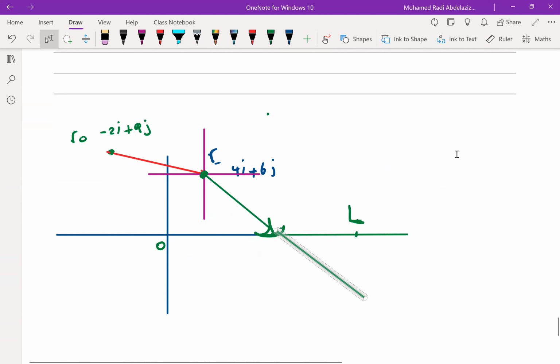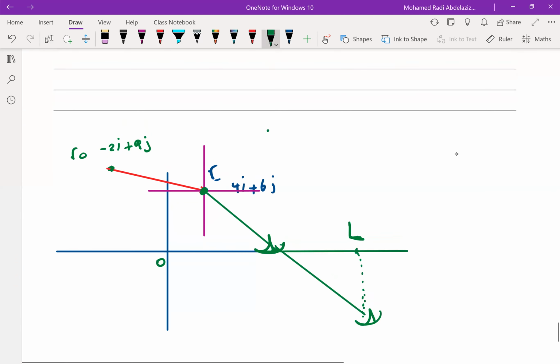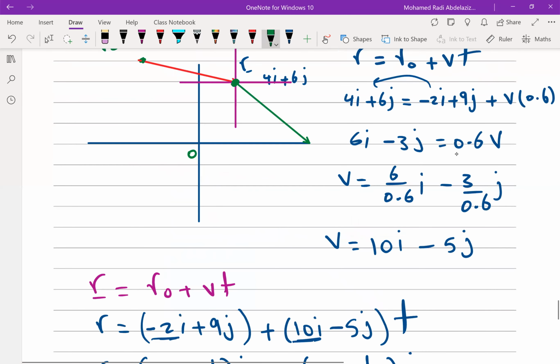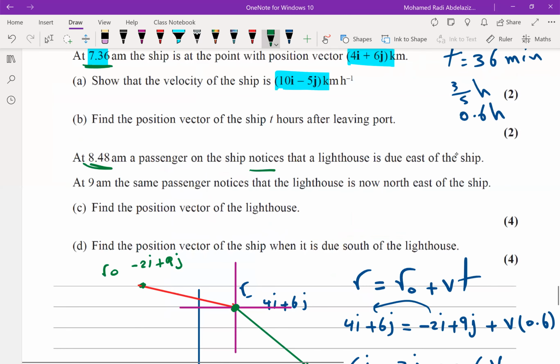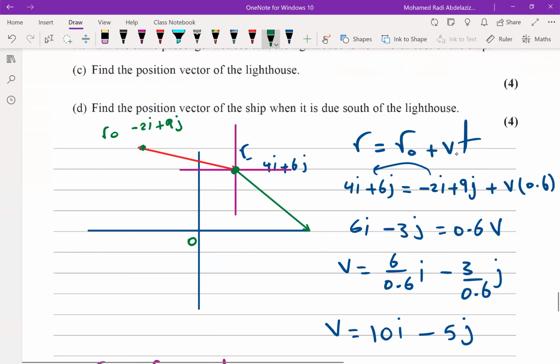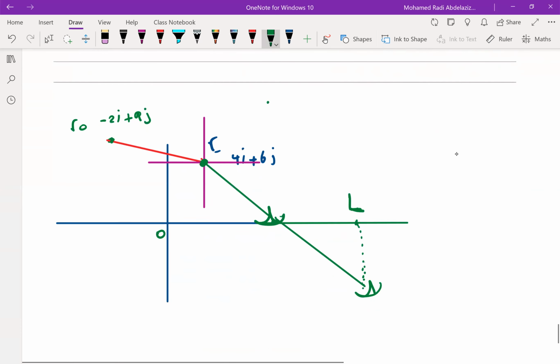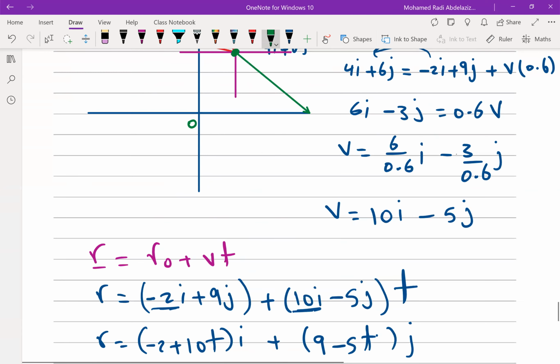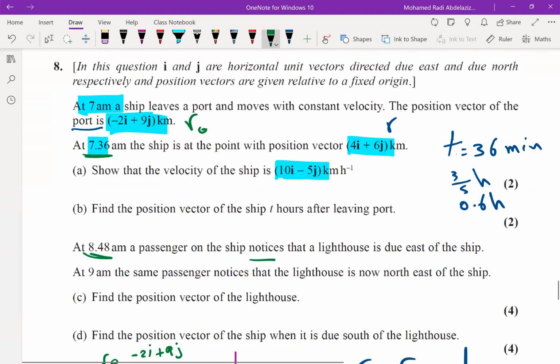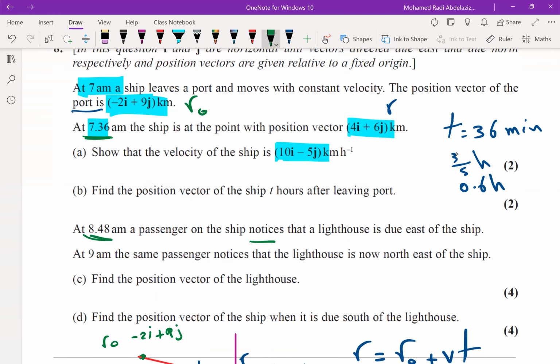Now the ship is at this point, but the lighthouse will be north. But at 8:48, it's written it will be due east, here.